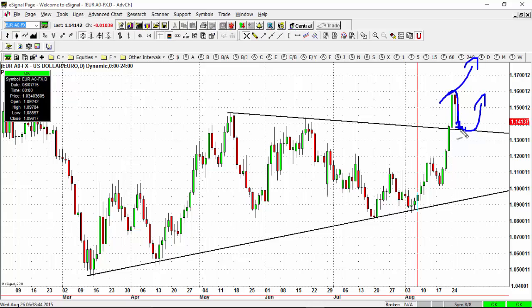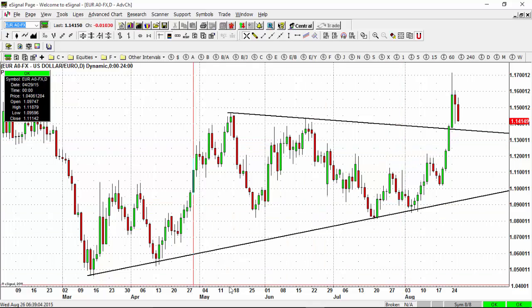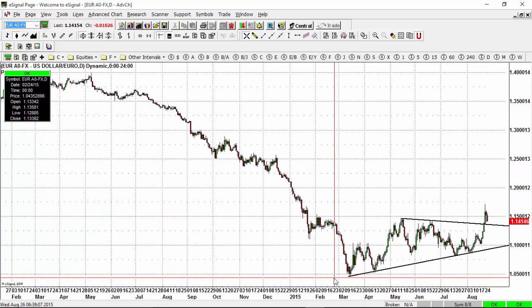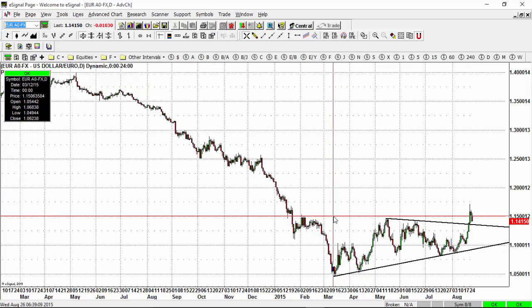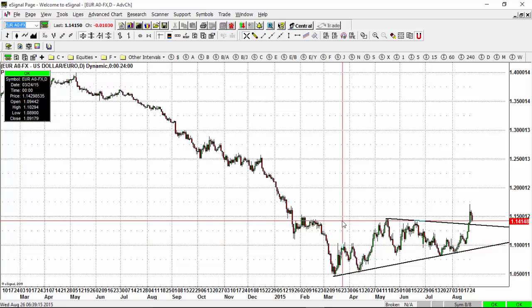And naturally, the third scenario is that the market will just continue back down, and that's what you call a false breakout. So essentially, we're waiting to see exactly what will happen in the euro and how this breakout scenario will play out. Will it be a true breakout, a false breakout? We'll have to wait and see.